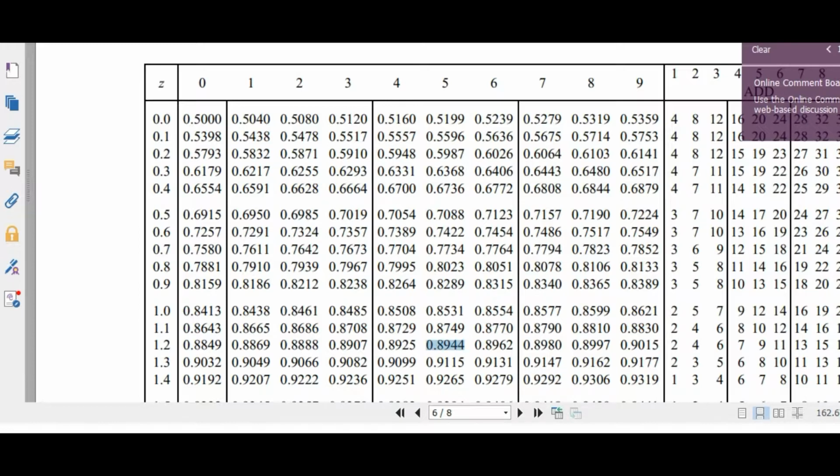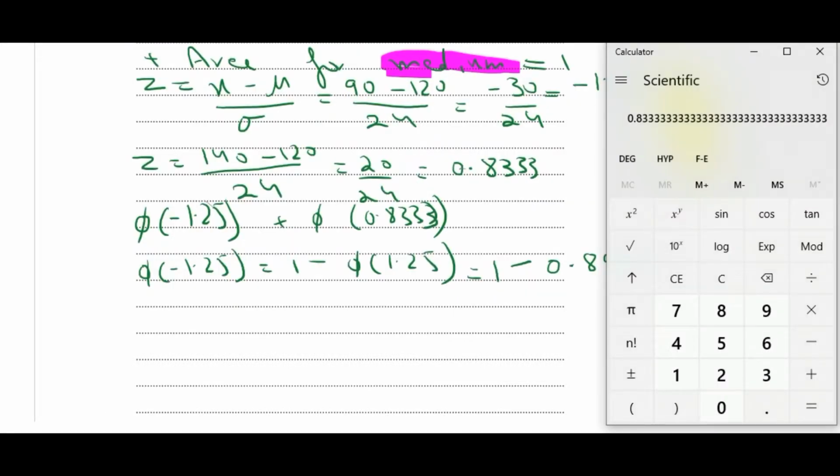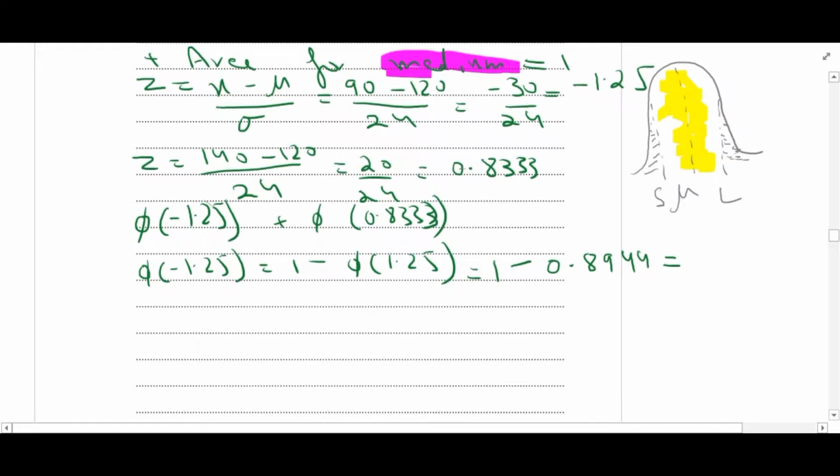This would be our area, 0.8944. So this would become 1 minus 0.8944, which is 0.1056.